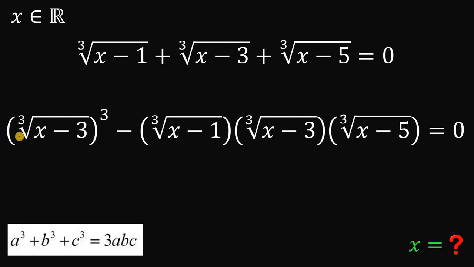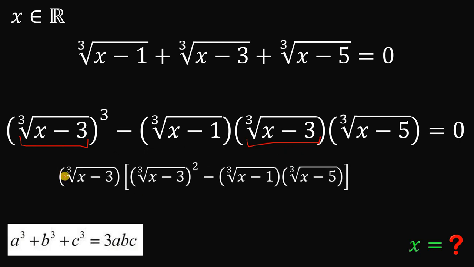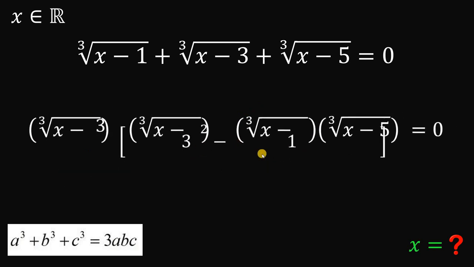And now we have a common factor of cube root of x minus 3 on these two terms. If we factor out cube root of x minus 3, this is the common factor. What remains must be cube root of x minus 3 raised to the power of 2, because we get 1 from these 3, and then minus cube root of x minus 1 times cube root of x minus 5. Now we can replace this expression.